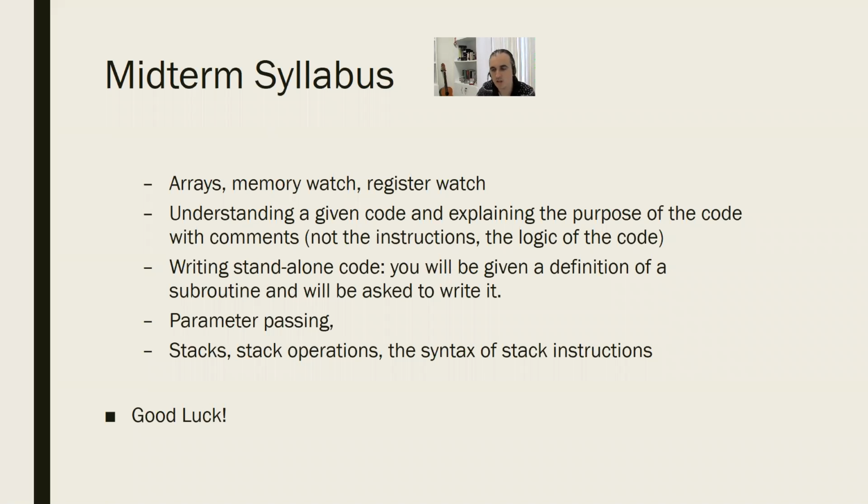Correct me if I'm wrong. So guys, actually the syllabus is the same. Next week, we are going to start general purpose input-output, GPIO. We're not going to include GPIO on the exams. These will be included, okay? Arrays, yes. Arrays, memory watch, register watch, and strings, characters.